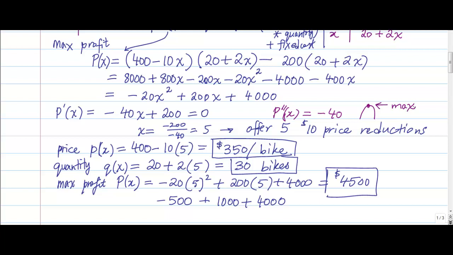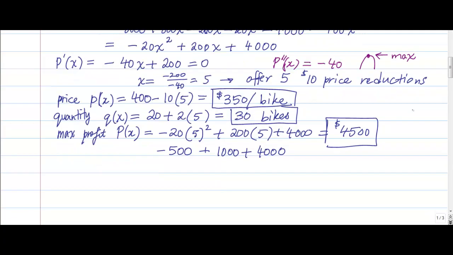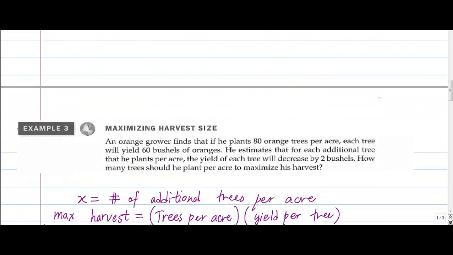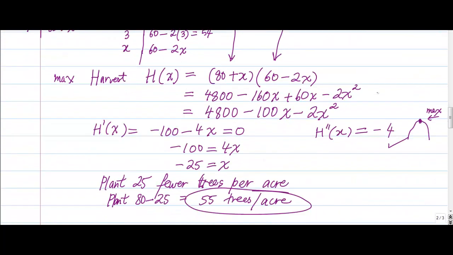Okay. If, for example, you got a positive number here, that means it's concave up, that means it's minimizing, which would mean you would not be able to maximize profit. You would actually be minimizing it, right? Which would be a bad thing. So you always want to do this check to make sure you're doing what you intend to do.